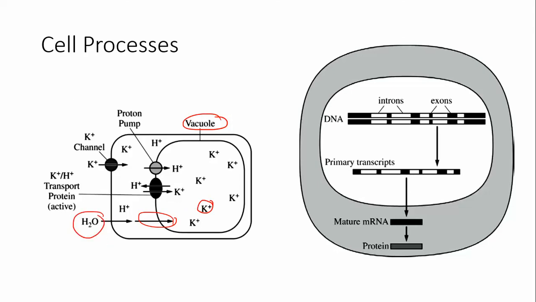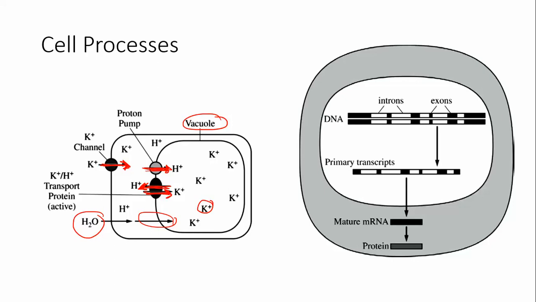So in this question, it was very important to pay attention to things like, hey, I got an arrow going this way, and it's pointing out hydrogens. I got an arrow going this way, and it's pointing out potassiums. Also the fact that, hey, I've got some hydrogens moving this way, and I've got some potassiums moving this way. So it was very important in this question to pay attention to the direction of movement, the molecules that were allowing that movement, and so on.